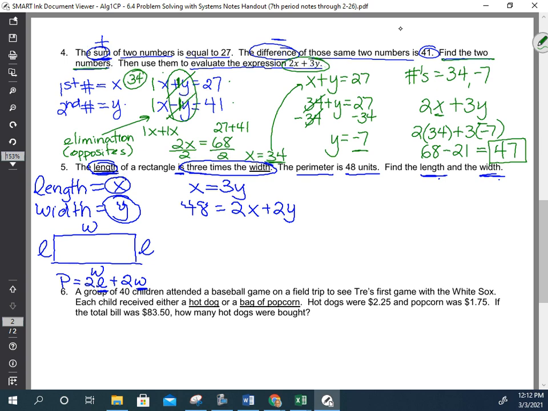Just as Nyla said, we're going to use substitution. If you remember, substitution means either x equals something or y equals something. We have x equals 3y. So take 3y and plug it in for x.